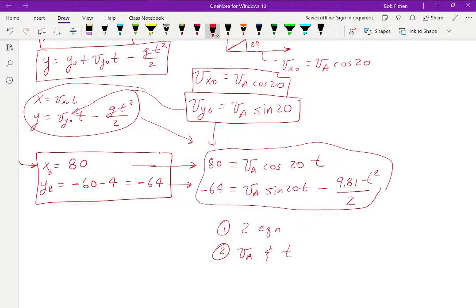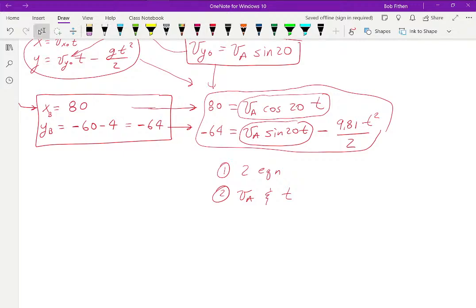And so, how do you find that? Well, I guess there's a couple ways. One, you've got a similarity right here with these two. So what I could do is do this.